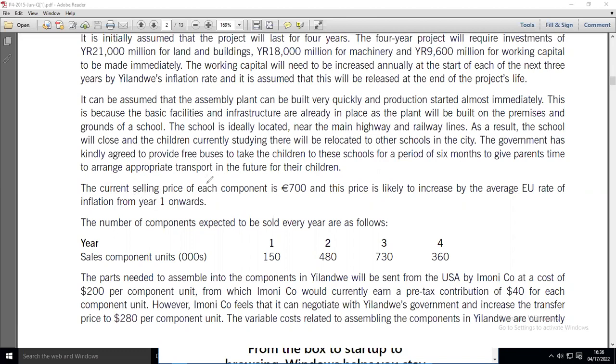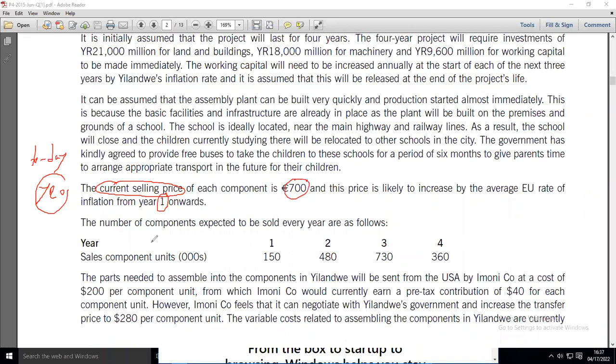But say this selling price is 700 in current selling prices, meaning today. This is today. In other words, this is year 0. And then there's going to be inflation from year 1 itself. We need to inflate this figure.